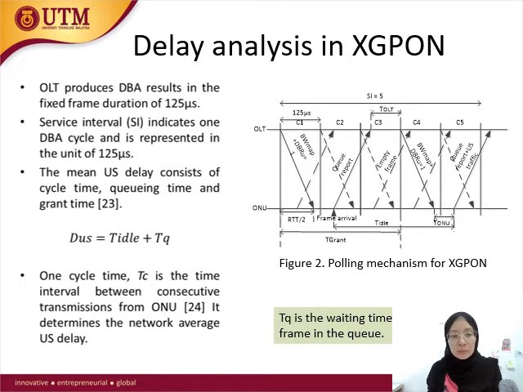One cycle time, TC, is the time interval between consecutive transmissions from an ONU. It determines the network average upstream delay. Figure 2 shows how OLT and ONU transmit downstream and upstream frames respectively. For the queuing time, TQ is the waiting time of a frame in the queue.